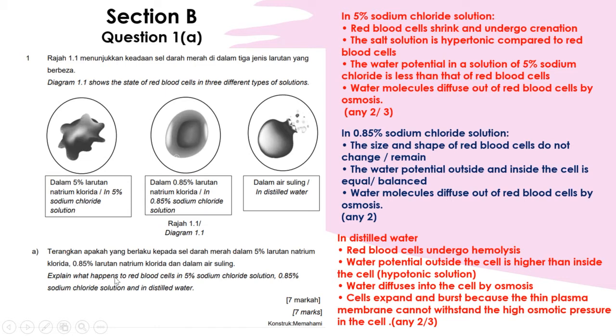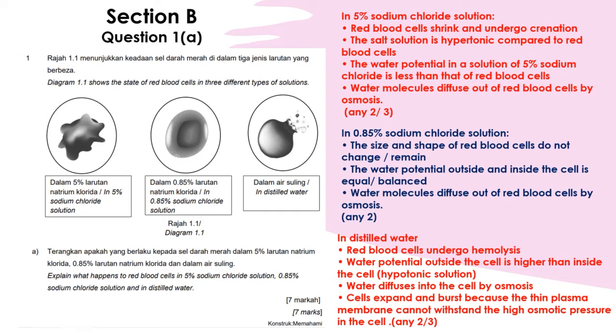Explain what happens to the red blood cell in 5% sodium chloride, 0.85% sodium chloride, and also in the distilled water. The mark allocated here is 7 marks. So let's go to the suggested answer.